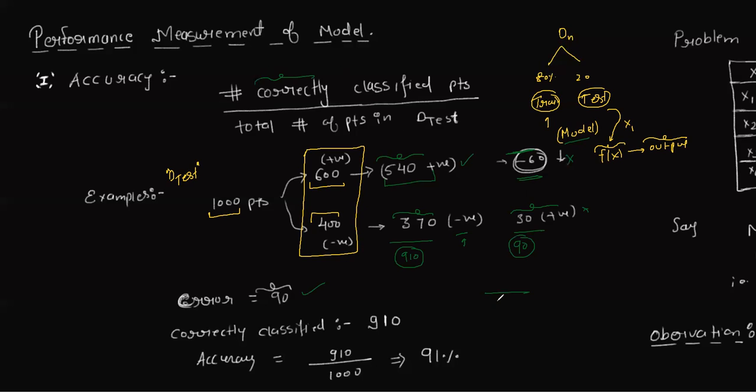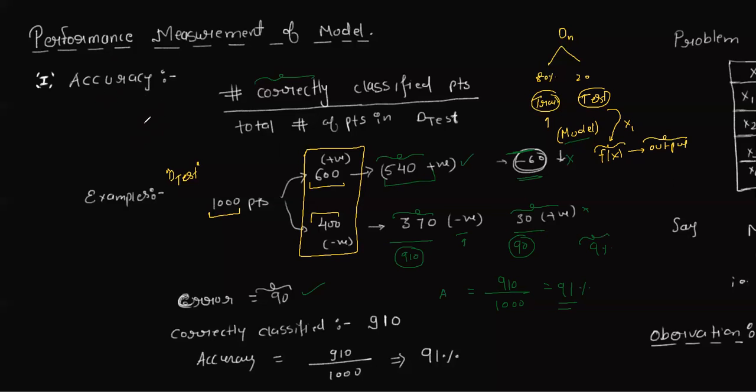So out of 1,000 points, 910 is your accuracy. That is 91%. So 91% of the time your model is predicting the true result. There is still 9% error, which is not a problem. This is just a definition of what accuracy is.